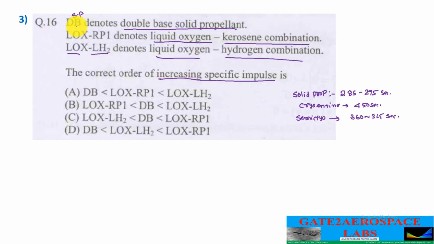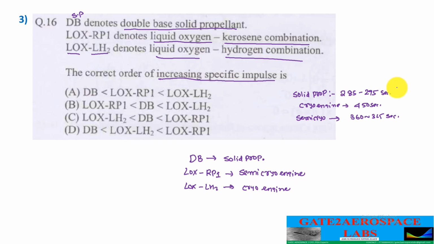Now if you see the propellants given to us, DB is basically a solid propellant. This LOX and RP1 is basically a semi-cryo engine. Then this liquid oxygen and liquid hydrogen is the fuel for a cryo engine.